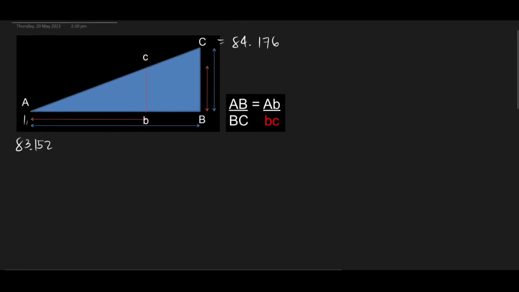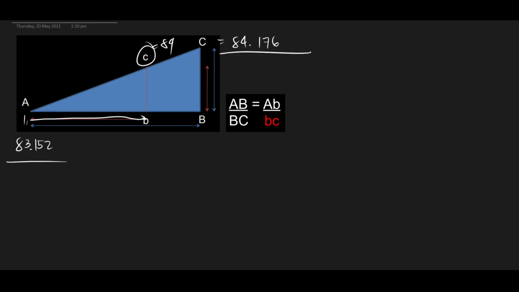We use the concept of similar triangles. We have here AB, this horizontal distance, over BC, which is the difference between 84.176 and 83.152, is equal to AB, the distance from point A to our target, which is C, with an elevation of 84, over BC, which is 84 minus 83.152.